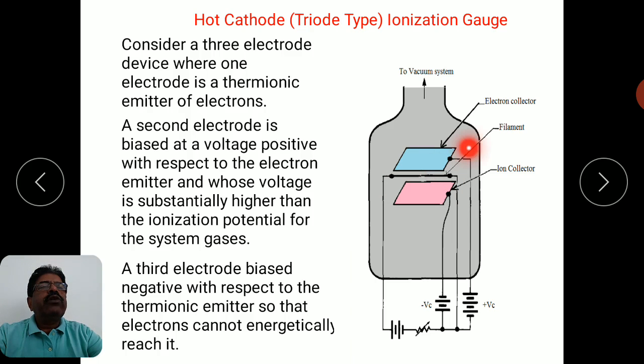These electrons will be accelerated because of the high positive potential present at the second electrode, and during their path in this direction, they will have collision with the gas molecules present inside this hot cathode ionization gauge, and because of this collision they will produce ionization of the gas molecule. So whenever there is ionization of the gas molecule, a positive ion and one electron will be produced.